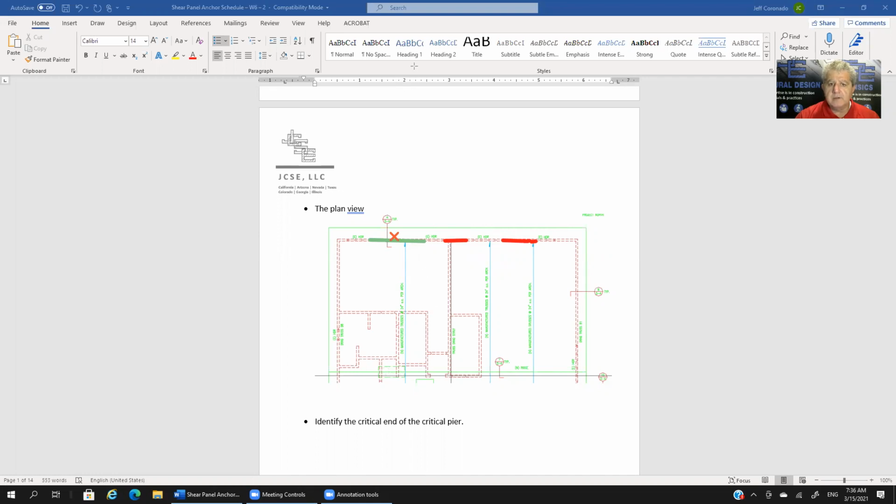Remember that we said the trusses are framing into, let me use blue here, these walls, right? So there's a lot of load coming into these walls.